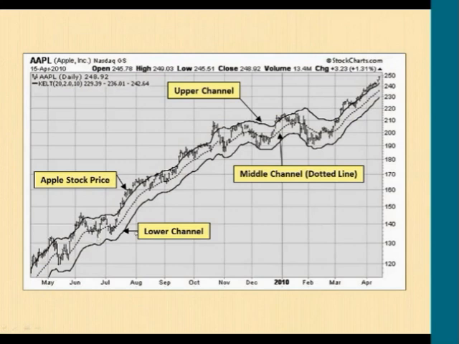And if a stock is trading near the lower channel, then the stock is getting oversold, and the odds are it's going to bounce from this lower channel. So when the stock's trading near the upper channel, it's getting overbought. When the stock's trading near the lower channel, it's getting oversold. So a very useful tool.